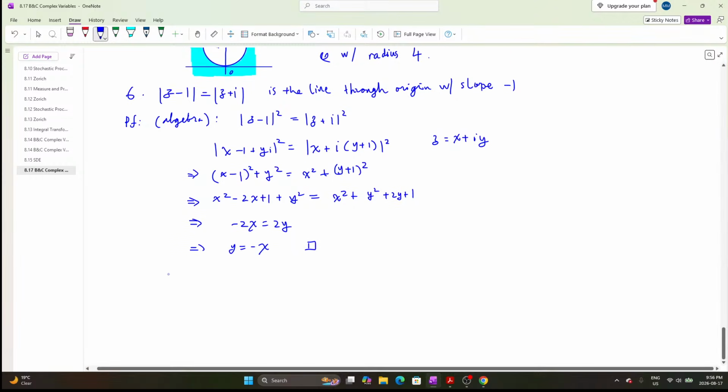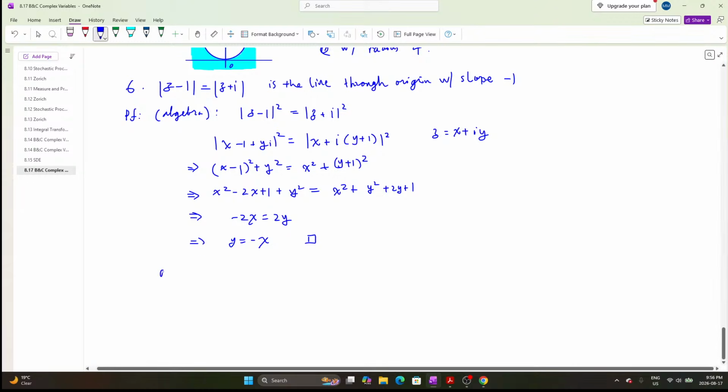Okay, and the geometric way says, geometrically the equation says the distance between z and the point 1 equals the distance between z and minus i.